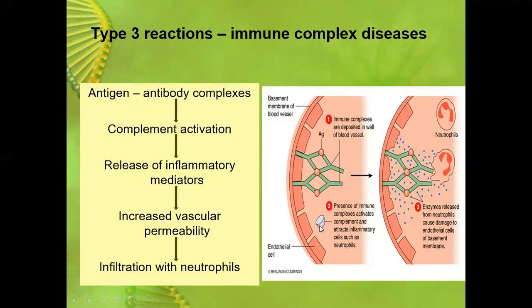This is the complement activation. The activated complement will release certain inflammatory mediators, and these inflammatory mediators will increase the vascular permeability and infiltration with the neutrophils, and due to this increase in vascular permeability it causes inflammation.